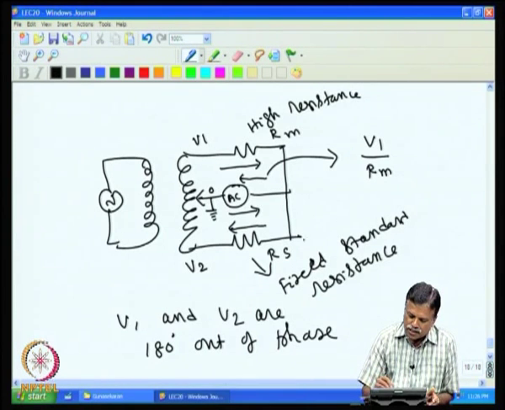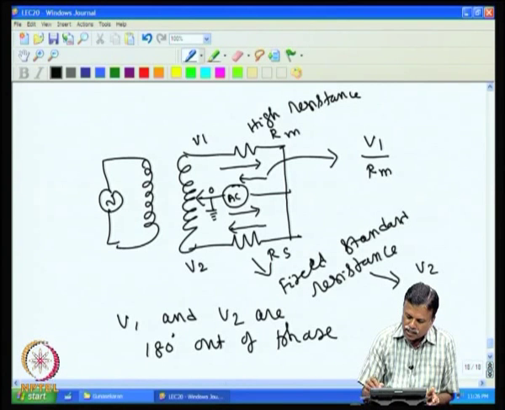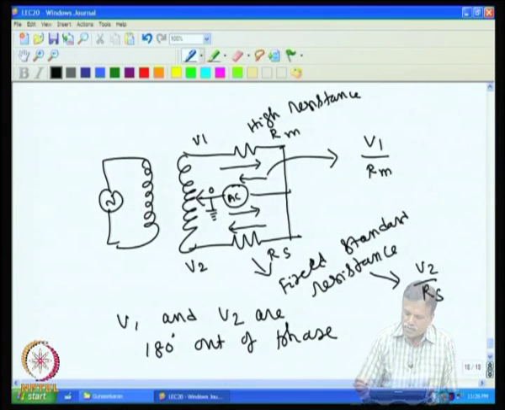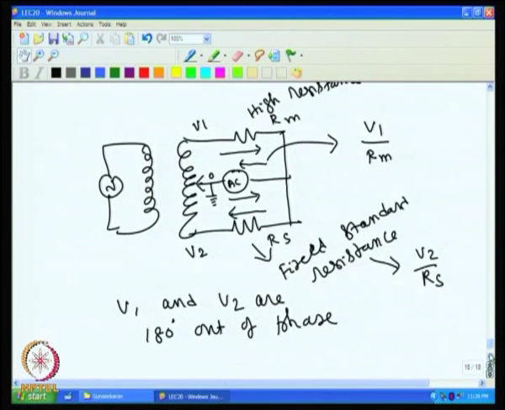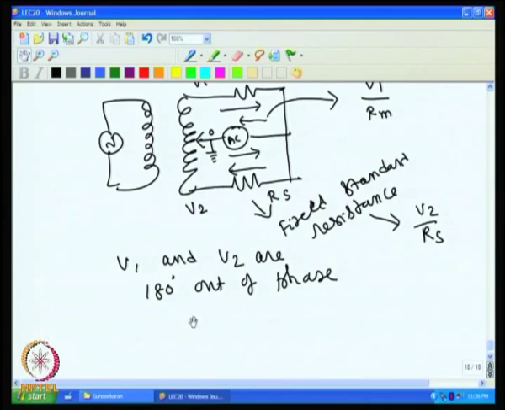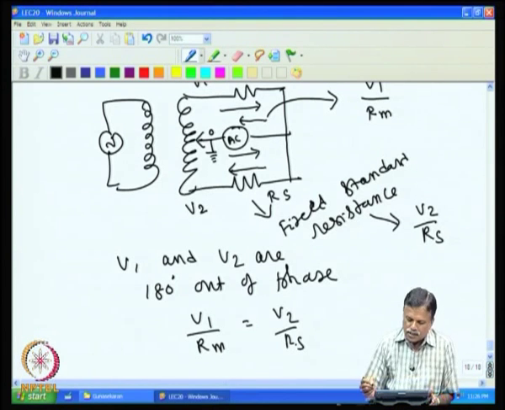The fixed resistance current is V2 by Rs. So at balance these two currents are equal, and I can equate these two. So essentially it becomes V1 by Rm equal to V2 by Rs.